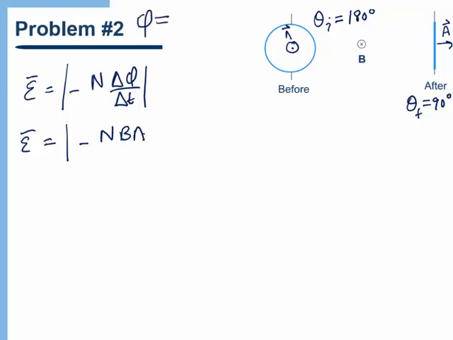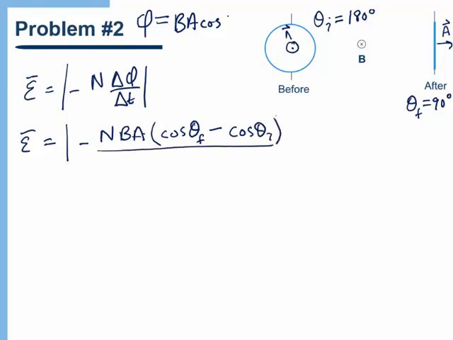Again, we're just always using the fact that flux is BA cosine theta. So the only thing that's changing is the cosine, going from cosine theta F as our final and subtracting cosine theta I. Again, dividing by the time delta T.